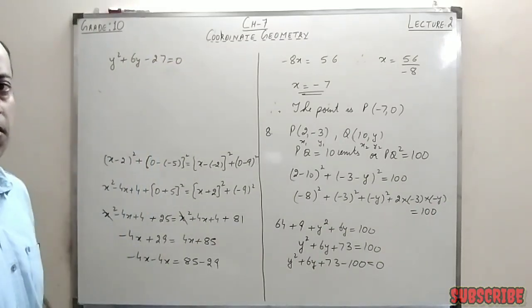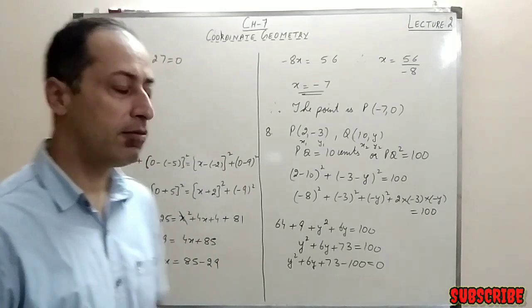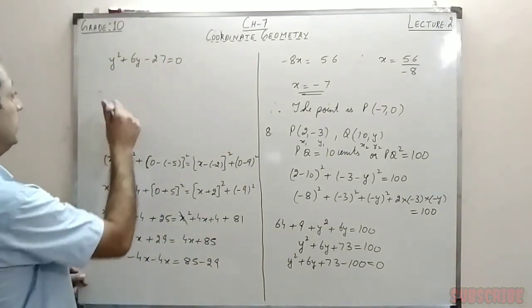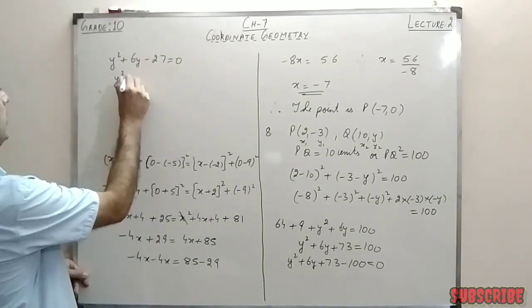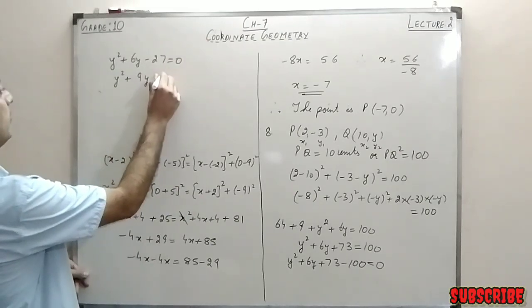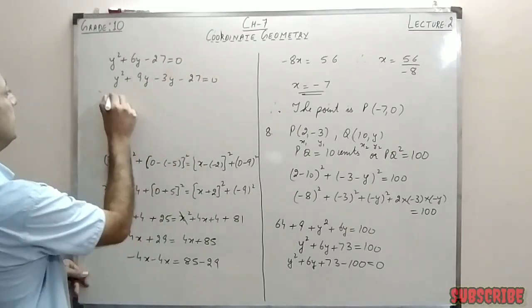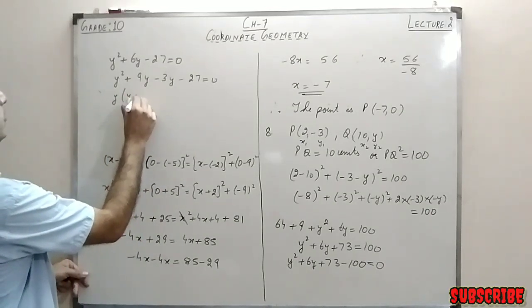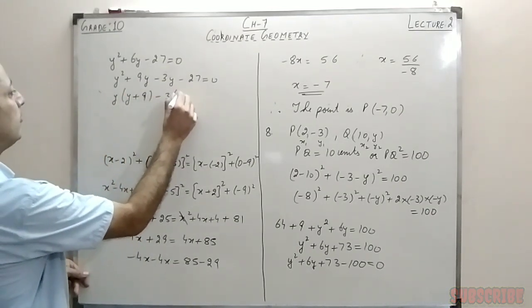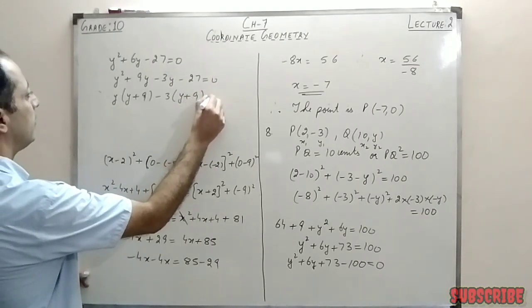Now, it's a quadratic equation, and we can find the factors of this quadratic equation by splitting the middle term. So, if we split the middle term, it would be plus 9y minus 3y minus 27 equals to 0. So, this is y into (y plus 9) minus 3 into (y plus 9) equals to 0.